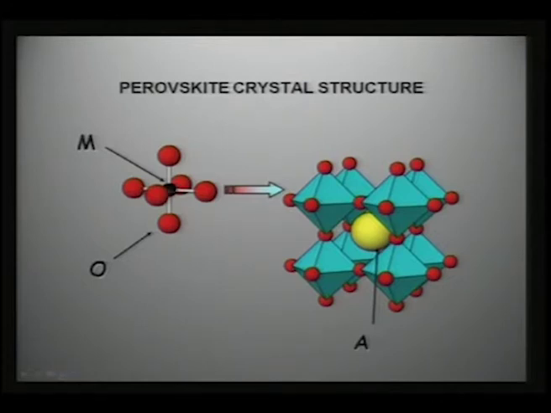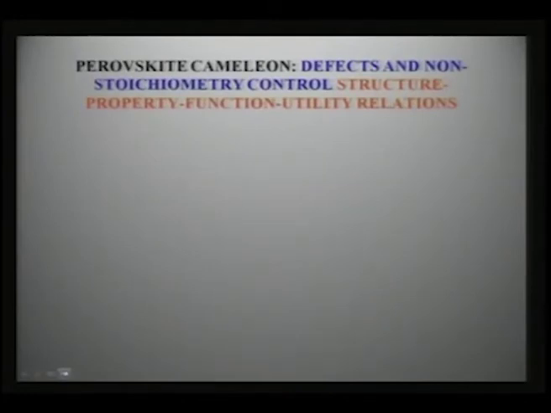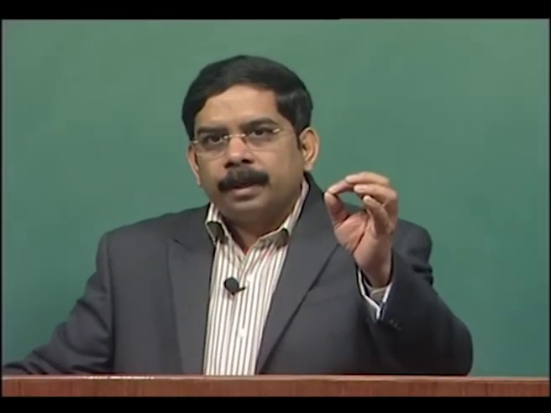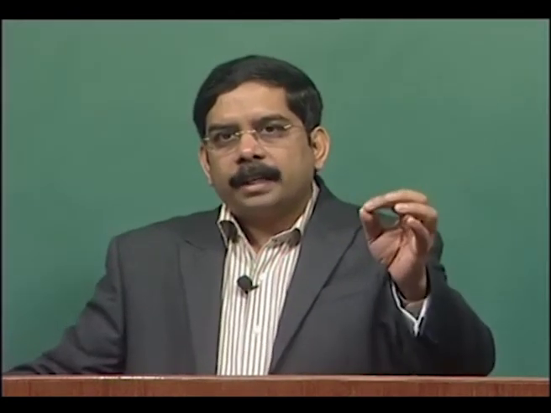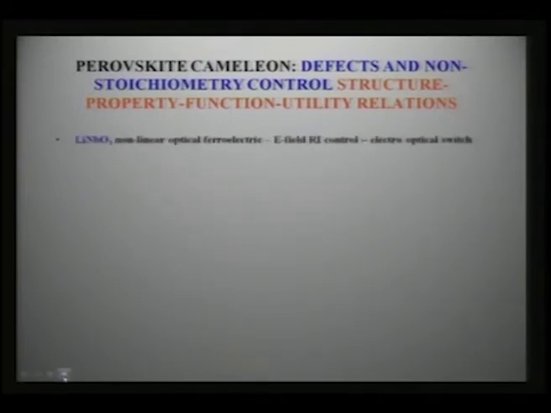So doping selectively for the metal site is a very important technique where solid state chemistry synthesis can play a very vital role, and therefore it is called a perovskite chameleon, because you can very easily modify the property of this perovskite by carefully doping either into the oxygen site or the metal site. Defects and non-stoichiometry control the structure-property and, as a result, the utility relations.